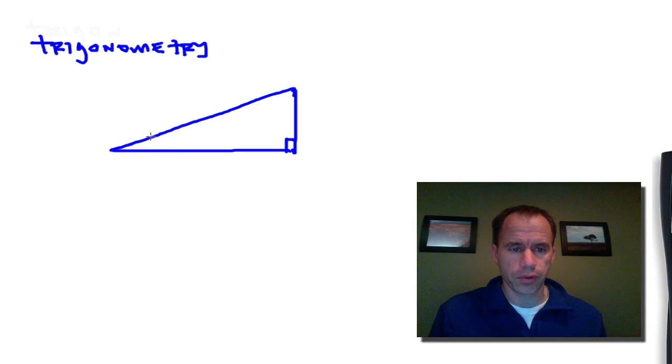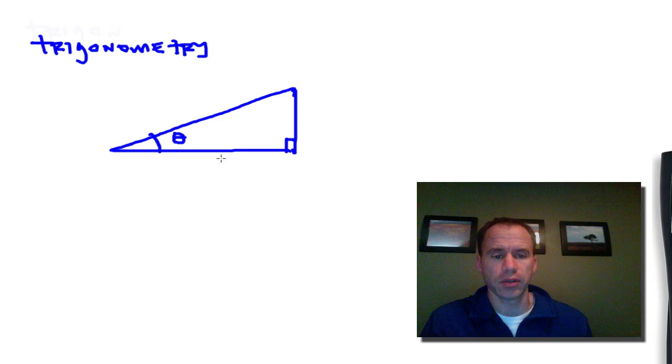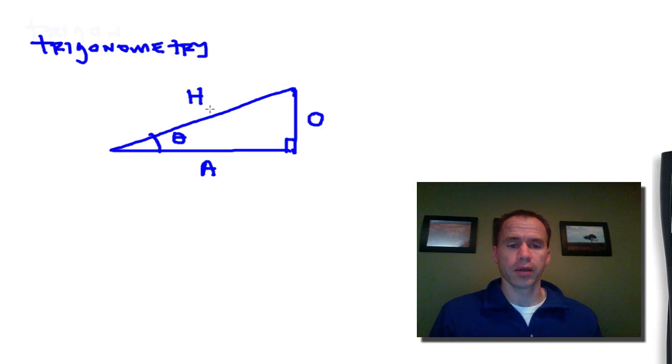And let's talk about this angle over here. Usually we use Greek letters for angles. This is the Greek letter theta that we use a lot of times for angles in physics. And let's label these sides. I'm going to call this side A, this side O, and this side H. And the reason we're picking those is going to become clear in just a little bit.